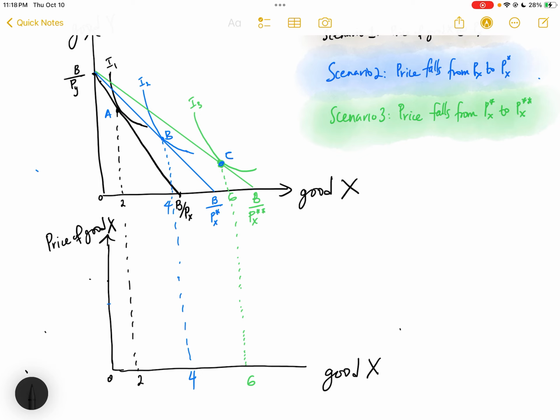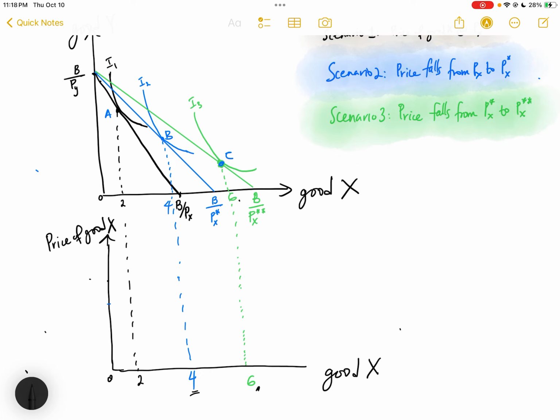At the tangency A, 2 units of good X, right, is demanded. So I draw that here as 2. At the tangency B, 4 units. So I draw that here as 4. Tangency C, 6 units. So I write that here as 6.